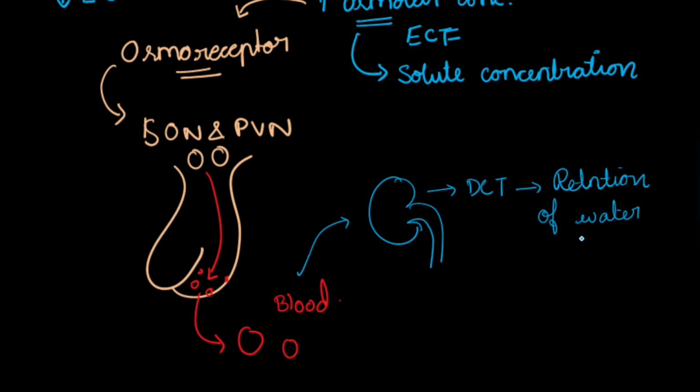Once water is retained, the osmolar concentration will become normal, so the normal osmolarity of plasma will be retained. So this is how ADH or vasopressin is regulated. So this is all regarding the ADH source, chemistry and action.